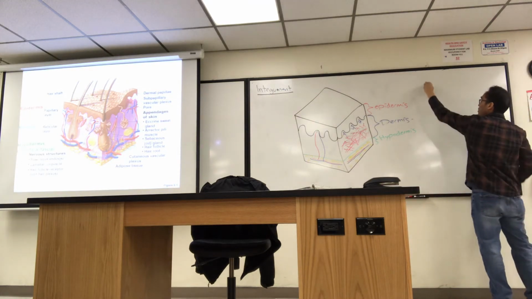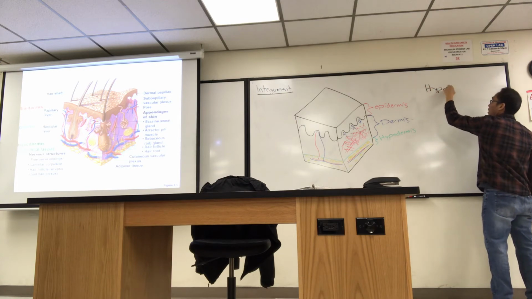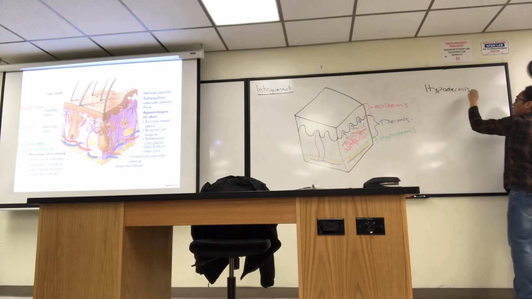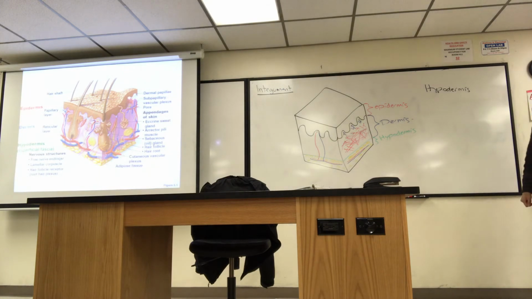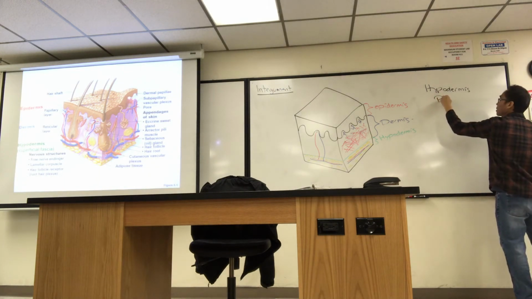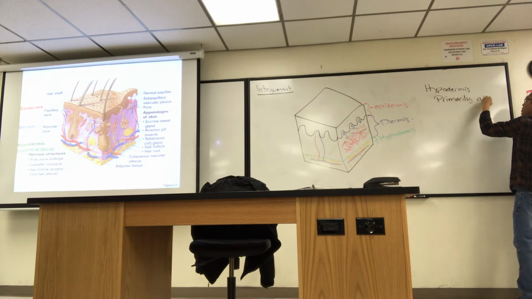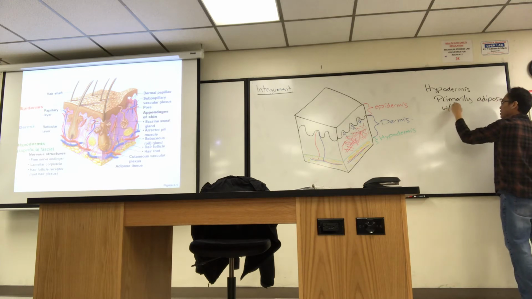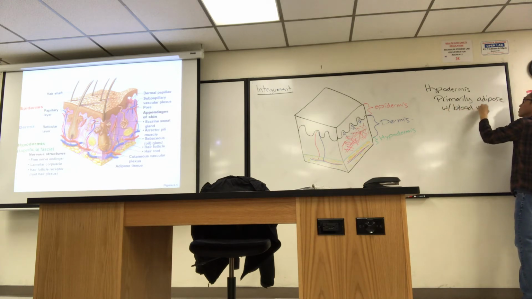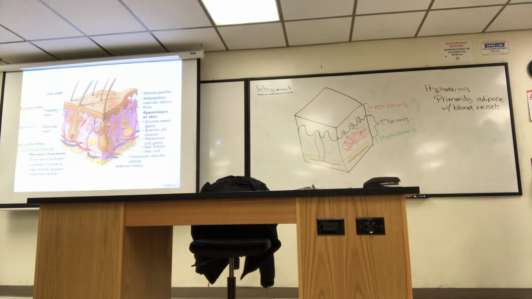The hypodermis is primarily fat with blood vessels. Primarily adipose with blood vessels. Not much else there, but that fat helps keep you warm.